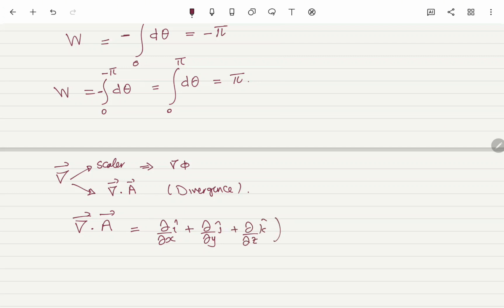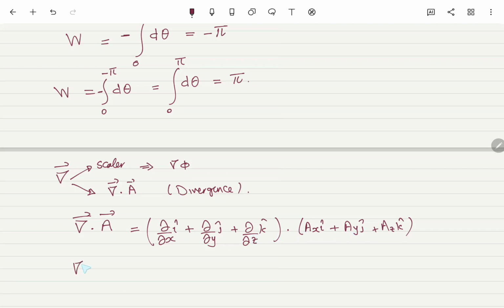This is the del operator, dot A as a vector, Ax î + Ay ĵ + Az k̂. And remember, when you dot product two vectors, you dot product î with î, ĵ with ĵ, k̂ with k̂.